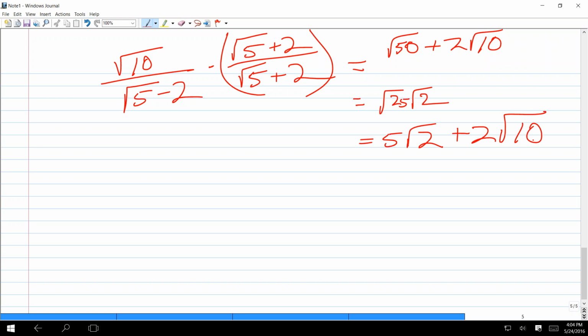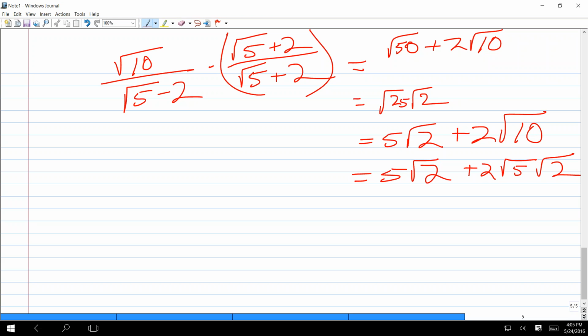Well, normally I don't simplify root 10 because it simplifies to root 5 times root 2, which is not normally a simplification. But in this case, if I want to write this like this, I can.